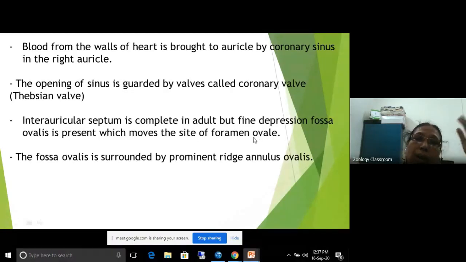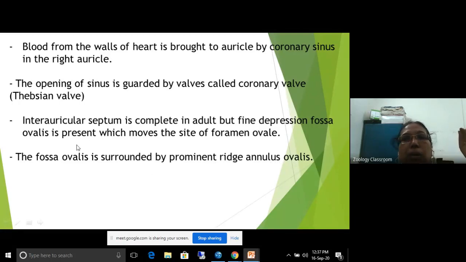In lungfish, there is a foramen ovale, a hole in the septum between the auricles. This fossa ovalis is surrounded by a prominent ridge called the annulus ovalis.